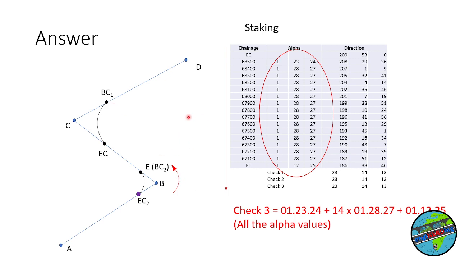Alright, so there are basically 4 different scenarios: turning left and turning right, as well as standing on BC or standing on EC. If you've done all this correctly, you can do most curve calculations in this sort of method.